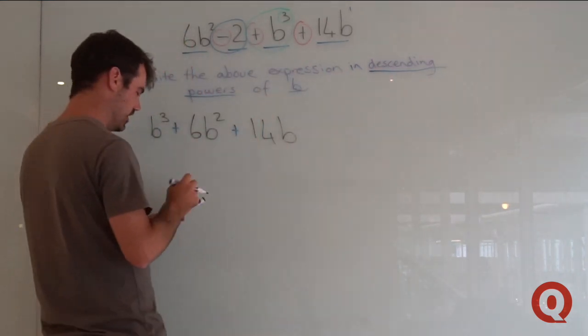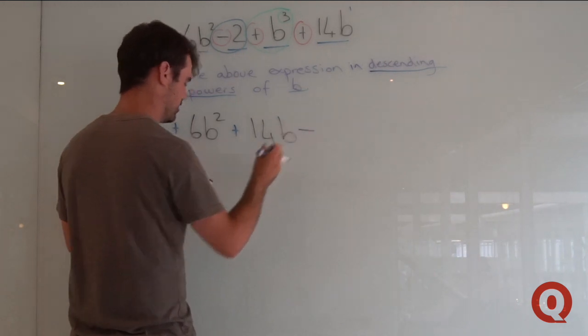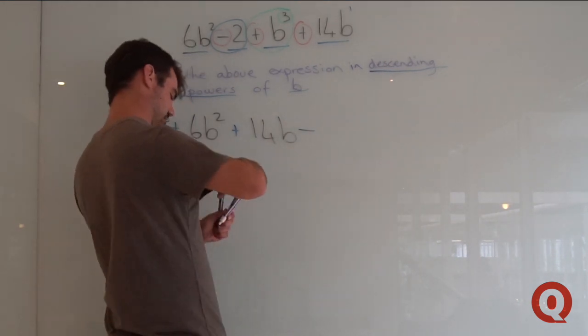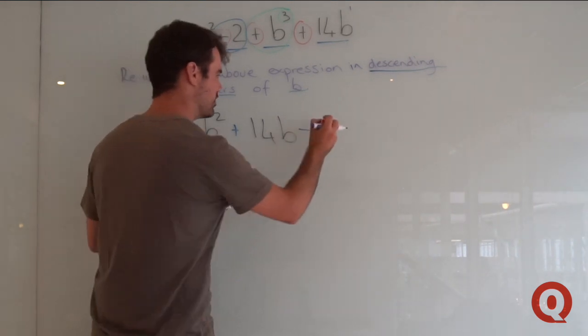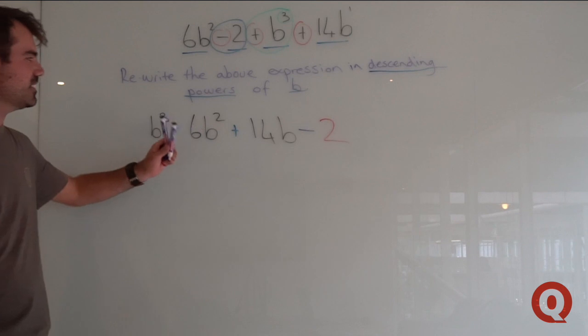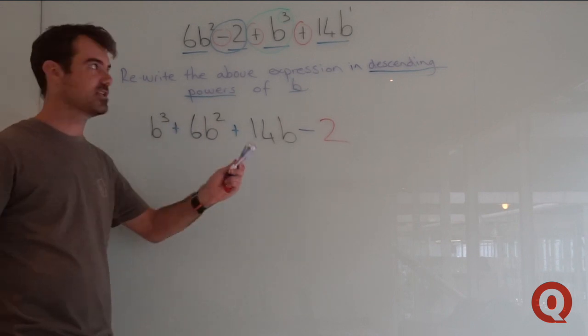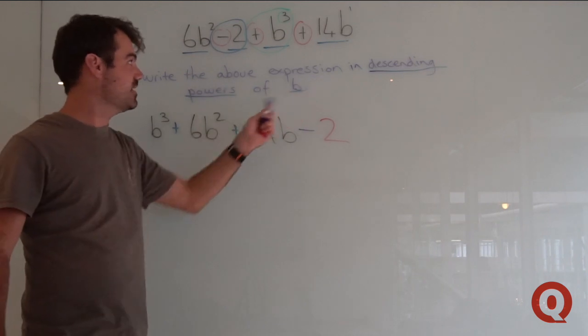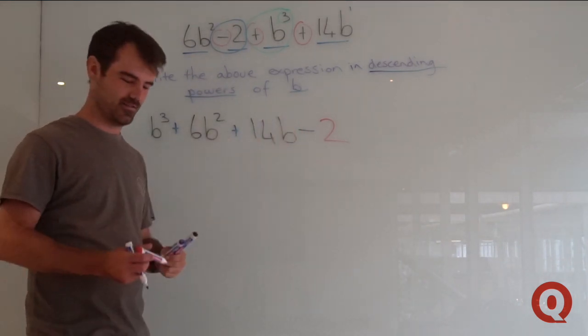So my last one is going to be minus my constant, which is 2. And that's my answer: b cubed plus 6b squared plus 14b minus 2. That is rewriting this expression in descending powers of b.